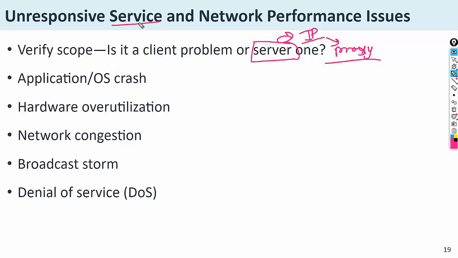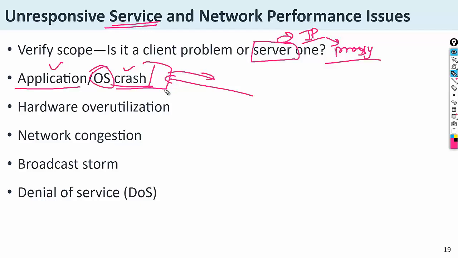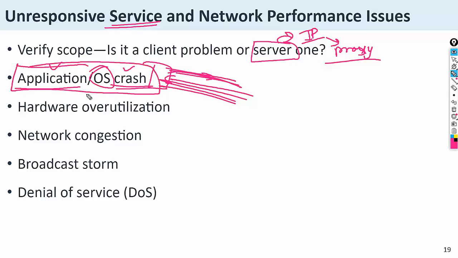Also, the service is unresponsive when the application or operating system has crashed. If the application or the operating system has crashed, then no one exists to reply to your request. So you are sending your request but not getting a reply. Okay.